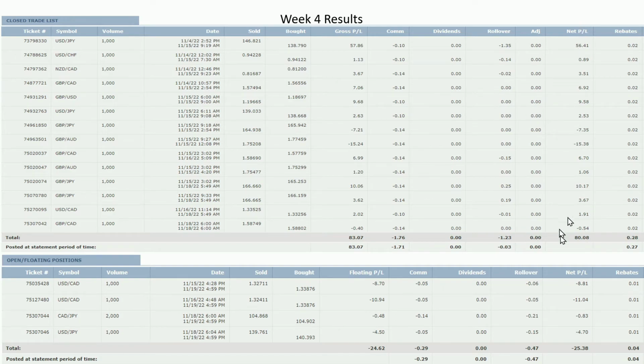So the net P&L for that week was $80, and I have minus $25 in floating, so about 50-something dollars in profits for last week. Right now I'm sitting at minus 33, minus $35, so I'll show you that in a second.